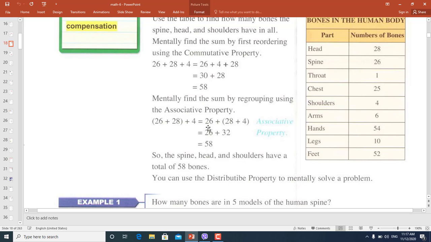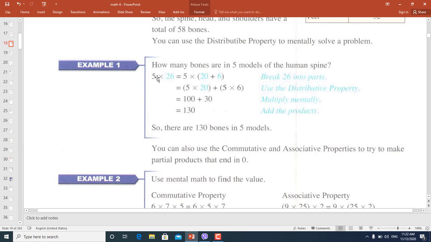So we write 26 plus, and we put 28 plus 4 in parentheses. We bring down 26, and we add the numbers in parentheses: 28 plus 4 is 32. After that we add these two numbers together: 2 plus 6 is 8, and 3 plus 2 is 5. This property is called the associative property.